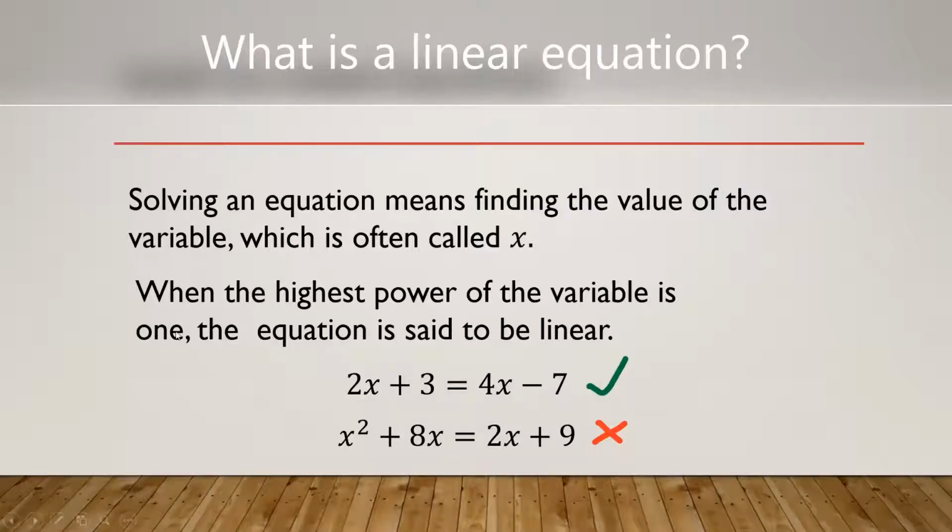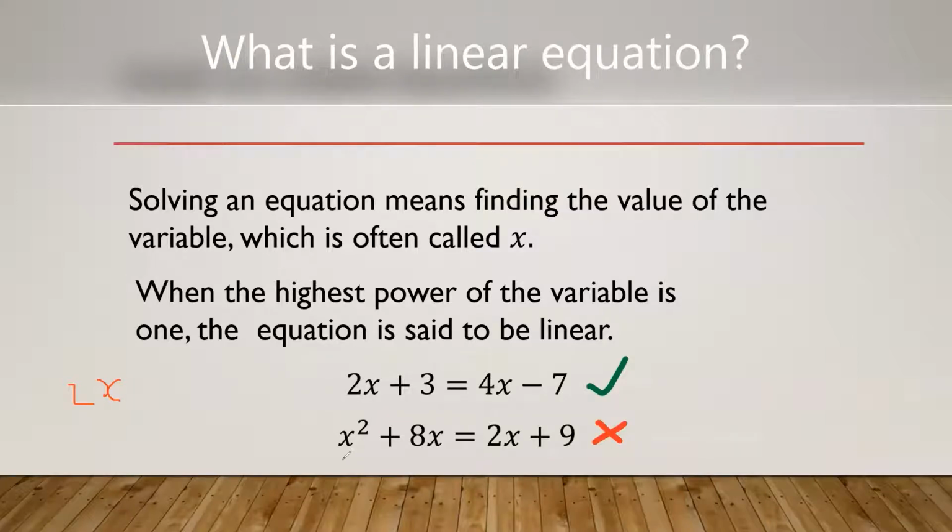So if you consider, for example, 2x, the power of x here is 1, because x to the power of 1 is just x, right? So that's what we mean by having a power of x not higher than 1.